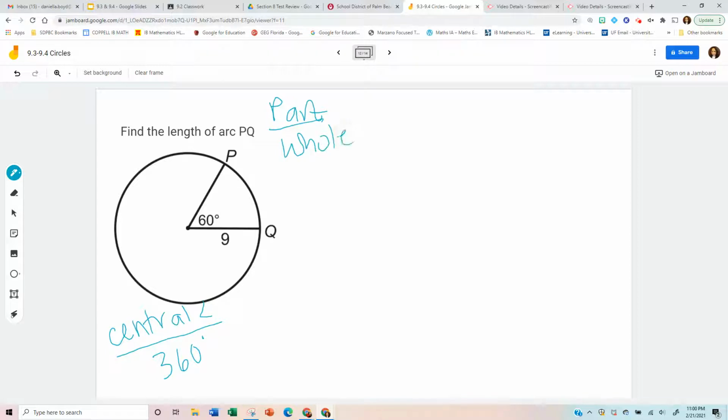The central angle is a piece of the entire circle, which is 360 degrees, equals arc length over circumference. So take a second to jot this formula down because we're going to need it for this problem and other problems.